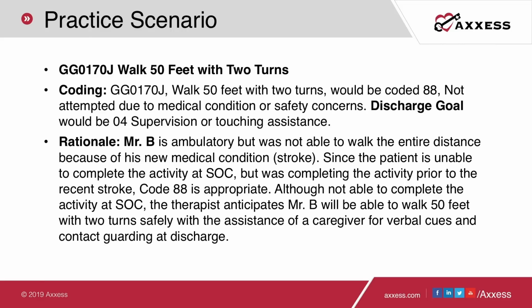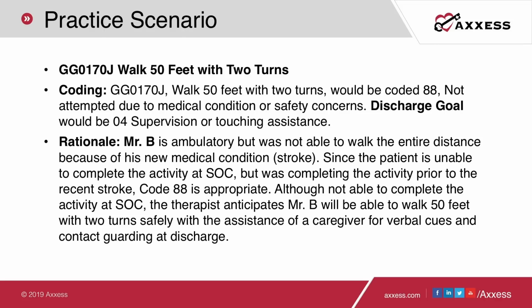At start of care, that would be an 88, not attempted due to medical condition or safety concerns. The discharge goal would be a number 4, supervision or touching assistance. Mr. B is ambulatory but was not able to walk the entire distance because of his new medical condition, which is the stroke.